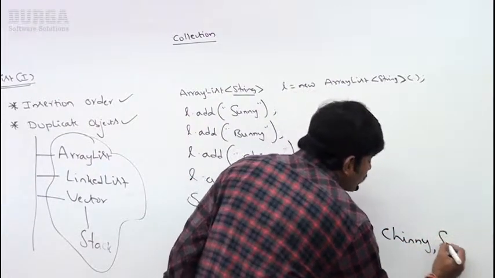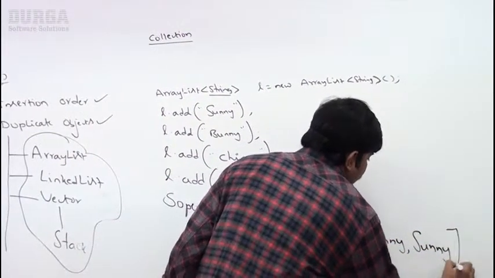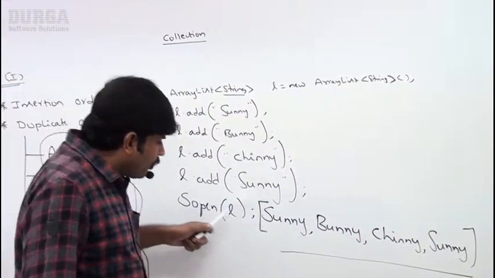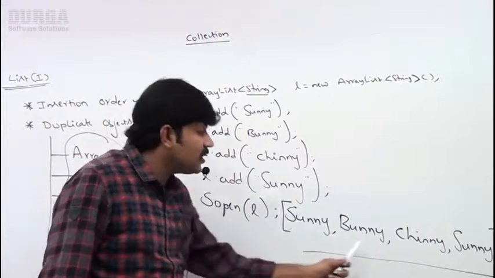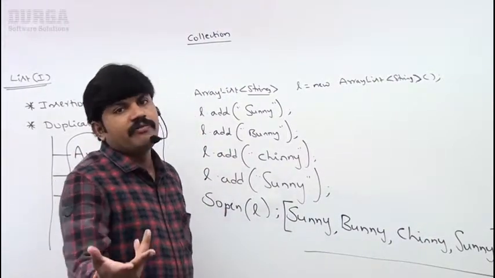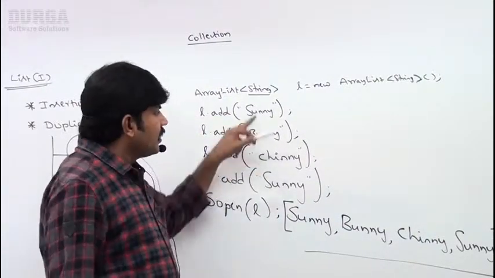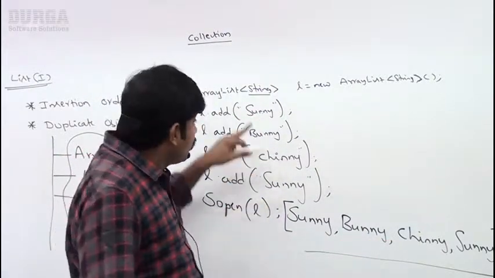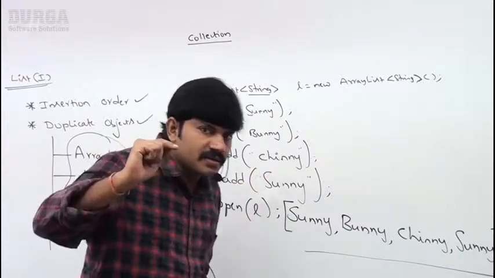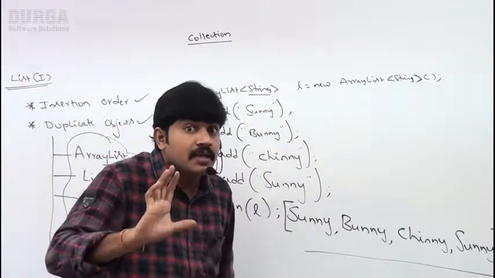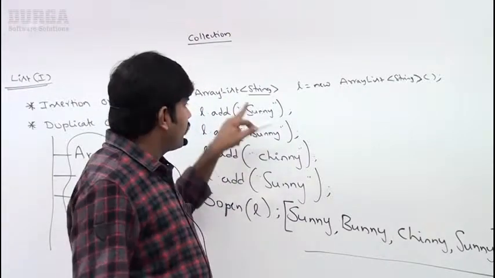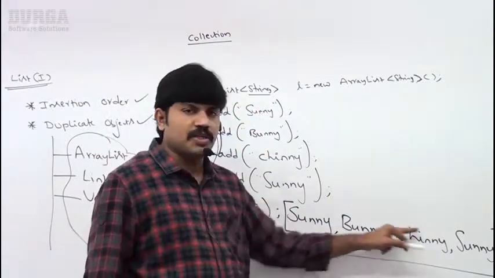Next, the fourth inserted object is Sunny again. So if we print this ArrayList, this is the output by default. Very clear. Insertion order preserved or not? Yes, insertion order preserved. In which order we added, in the same order only the objects got saved inside memory. Point number 1: if it is a List, insertion order is preserved.